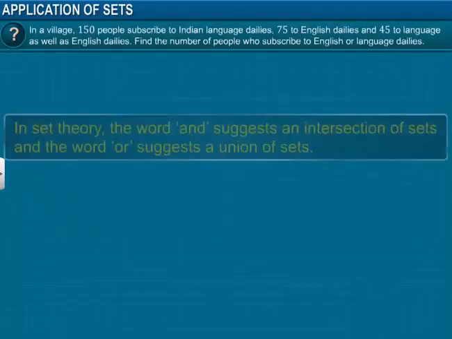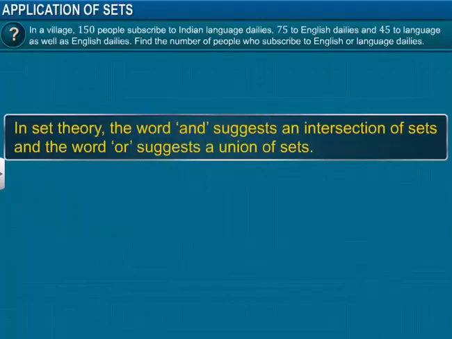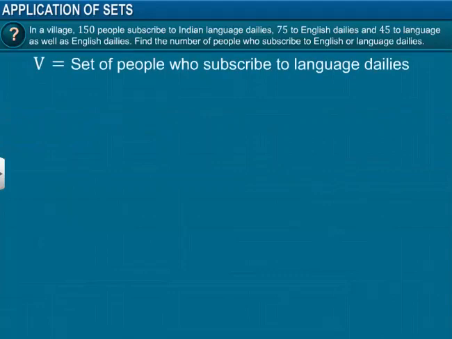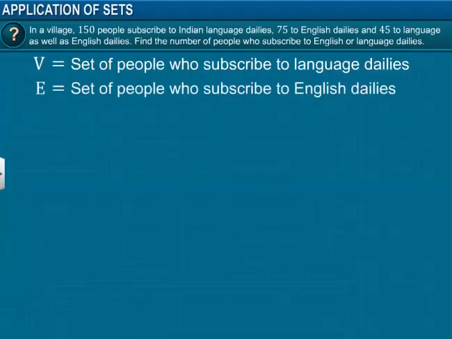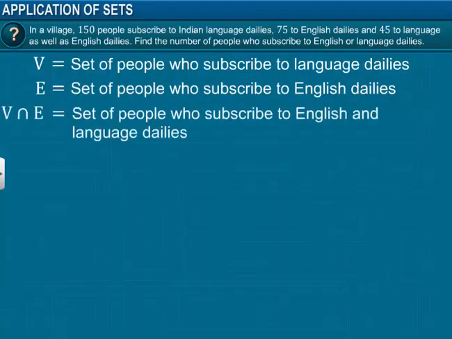In set theory, the word "and" suggests an intersection and the word "or" suggests a union of sets. Let V be the set of people who subscribe to language dailies, and E be the set of people who subscribe to English dailies. Let V intersection E be the set of people who subscribe to English and language dailies.